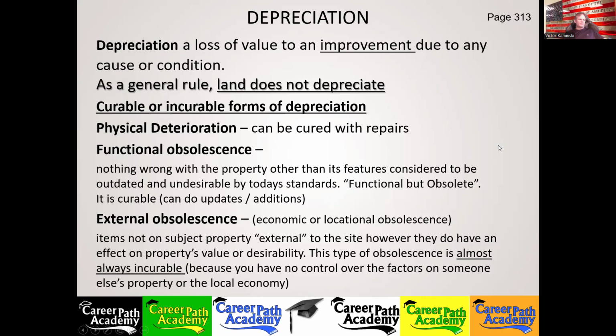So when you're calculating depreciation, you have to subtract the value of the land first. You only calculate the depreciation on the value of the improvement, not the land. Why not? Because land does not depreciate, except in extreme circumstances.